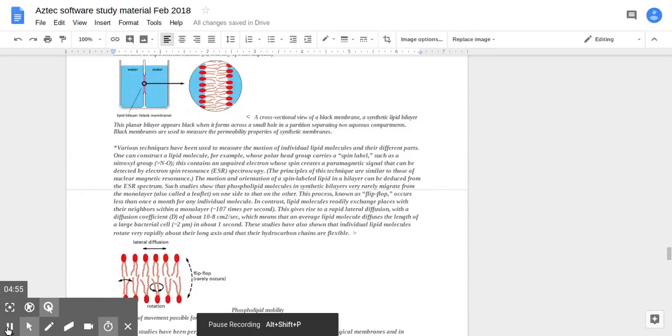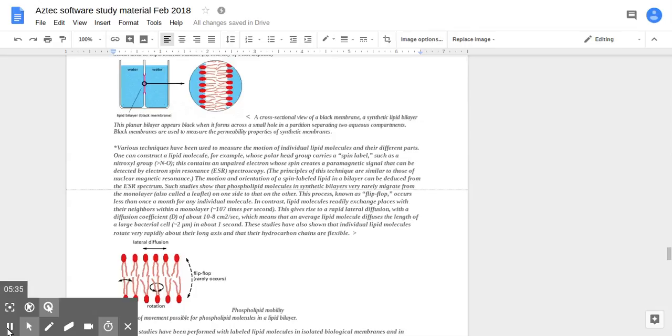So again, the motion and orientation of a spin labeled lipid in a bilayer can be deduced from the ESR, or electron spin resonance spectrum. Such studies show that phospholipid molecules in synthetic bilayers very rarely migrate from the monolayer or leaflet on one side to that on the other. This process, known as flip-flop, occurs less than once a month for any individual molecule. In contrast, lipid molecules readily exchange places with their neighbors within a monolayer, 170 times per second.